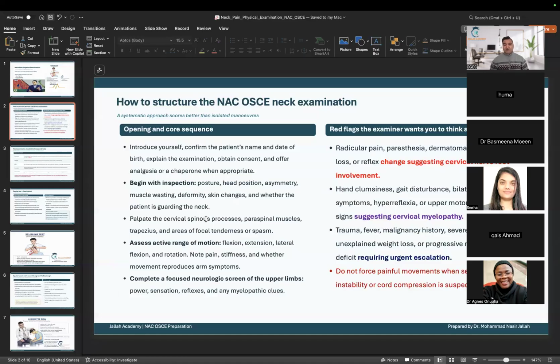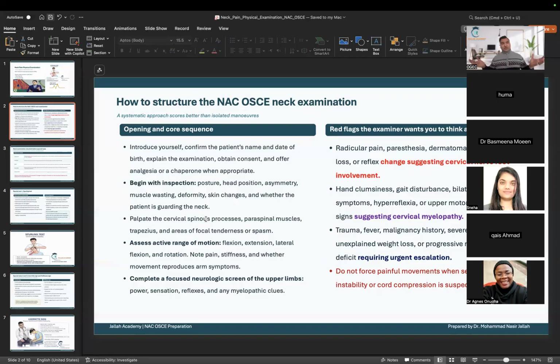Begin with the inspection. We always start with general inspection. With the general inspection, what do you see? My patient is sitting on the edge of the bed, looks comfortable, not under any kind of stress or distress. The patient is not, for example, using any sort of mobility aid.